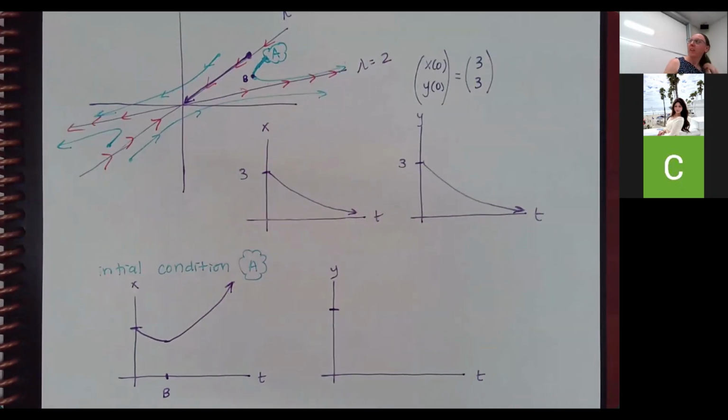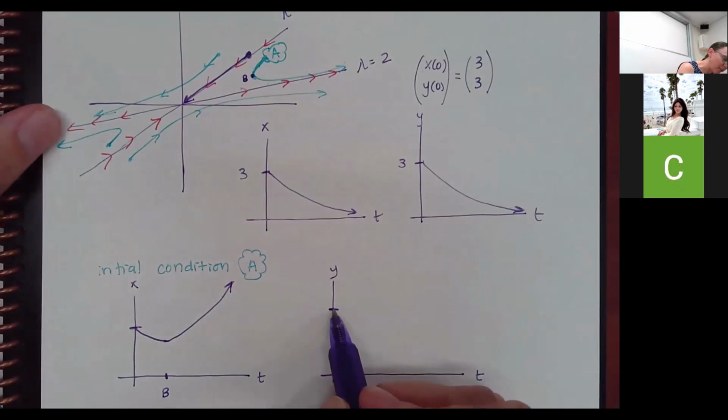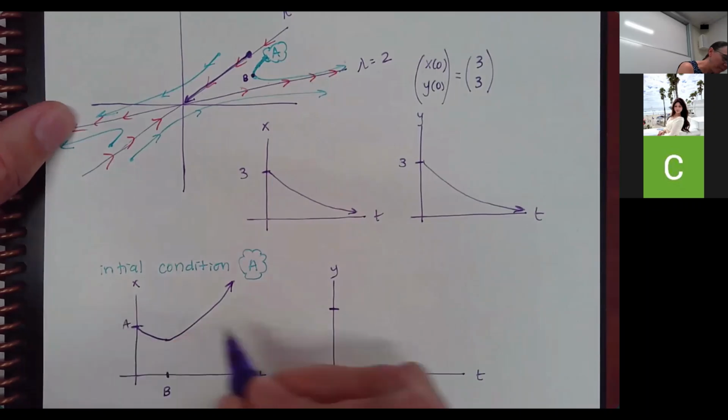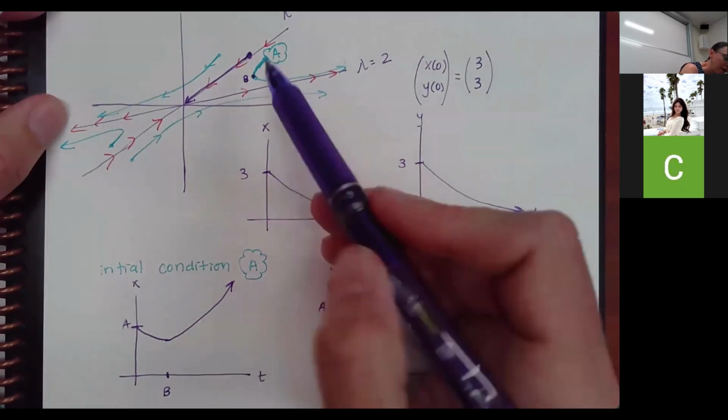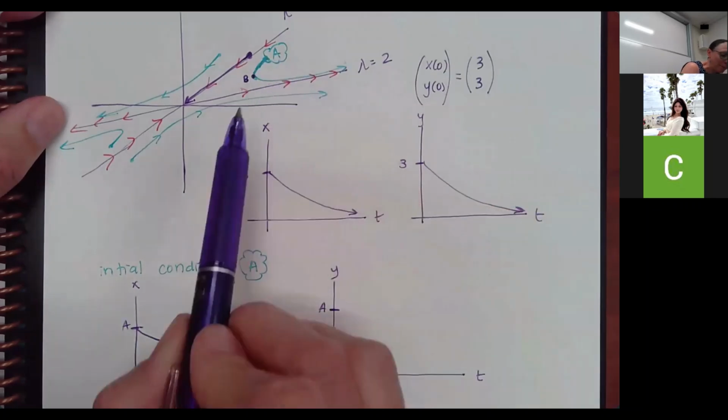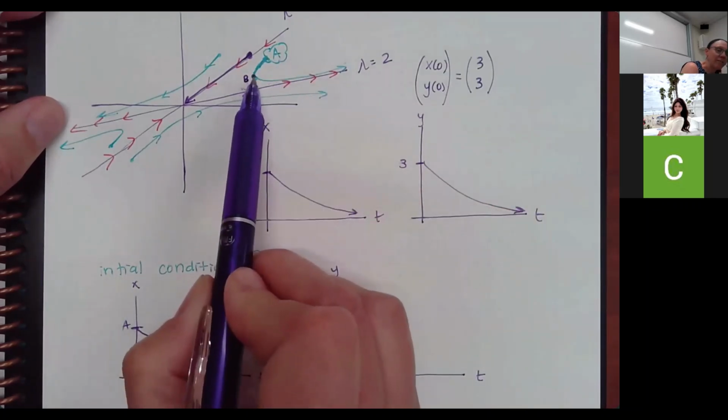So if I'm thinking about what's going on with my y, I'm starting at some positive value here. My y goes down, but b is not actually the lowest y value.